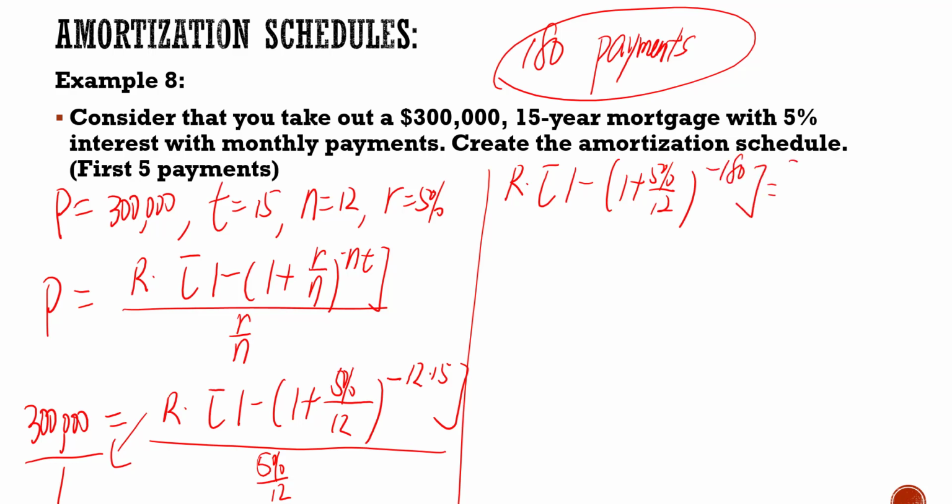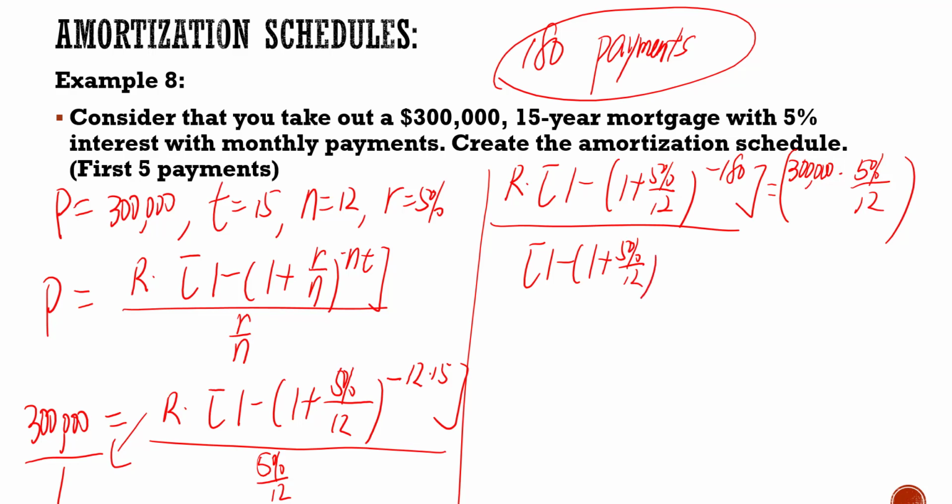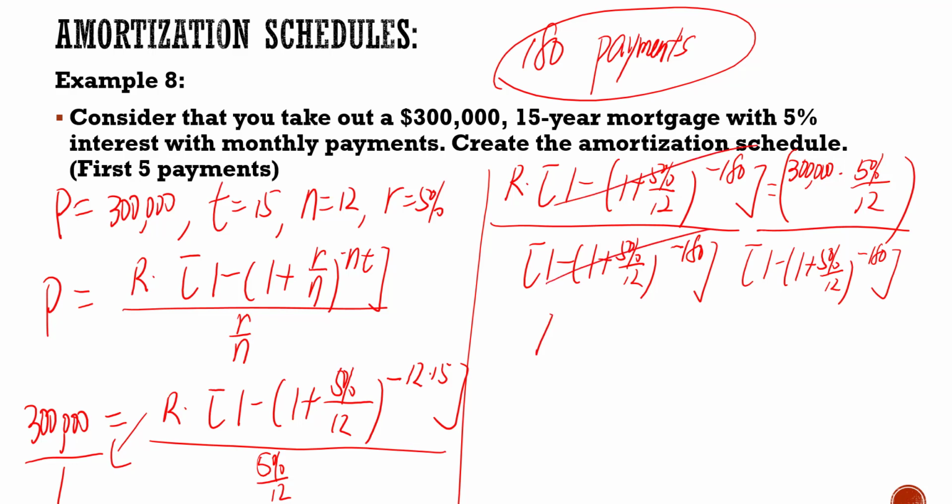Now on the right hand side is 300,000 multiplied by 5% over 12. Now we divide the square bracket on both sides, then we cancel that. So the regular payment is by itself.